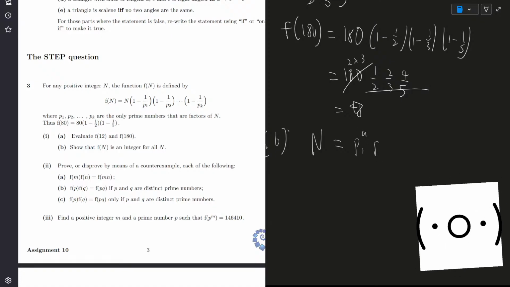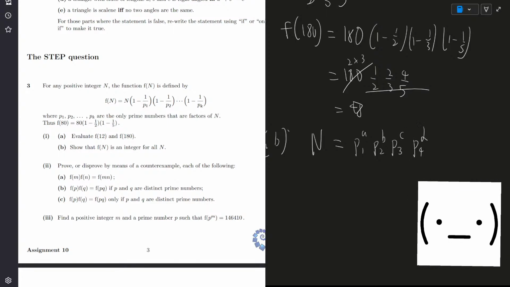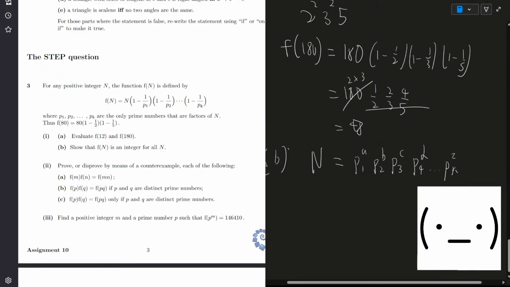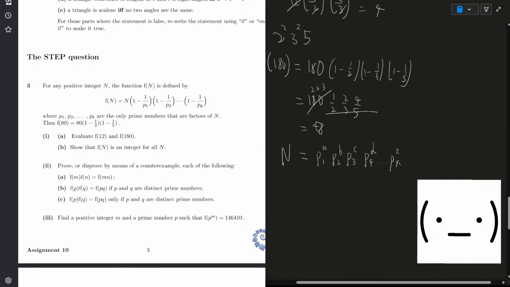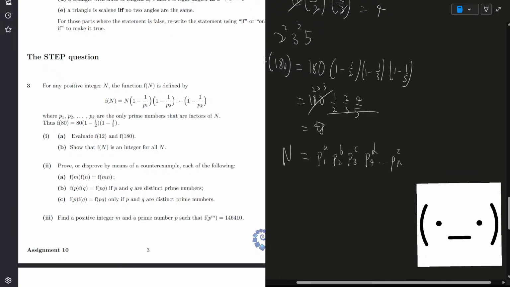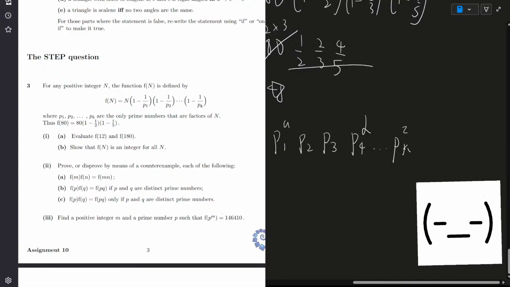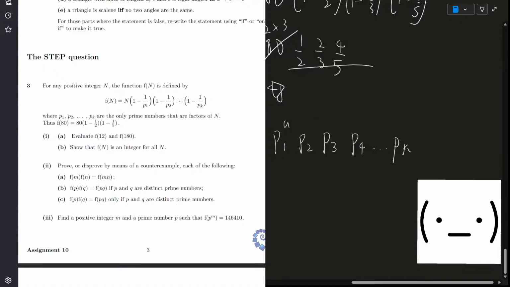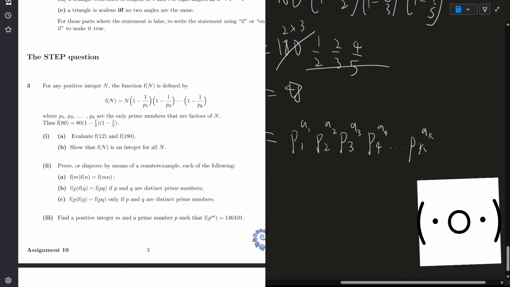A, B, C, D. Actually, no, that's not good, is it? Okay, no, a1, a2, a3, a4, ak. Fine, that's good and proper syntax.